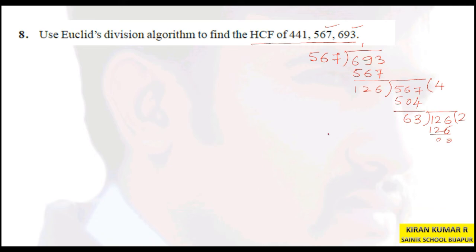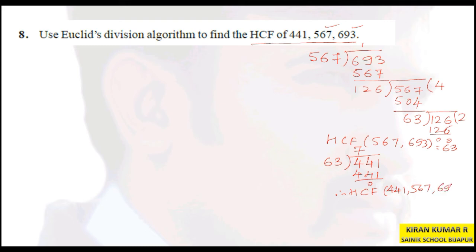It means the highest common factor of these two numbers 567 and 693 is 63. Now take this result 63 and try dividing this remaining 441. Clearly 63 7 times is 441 and leaves remainder 0. It means that the highest common factor of these three numbers 441, 567 and 693 is 63.